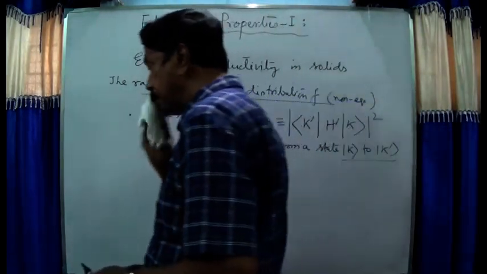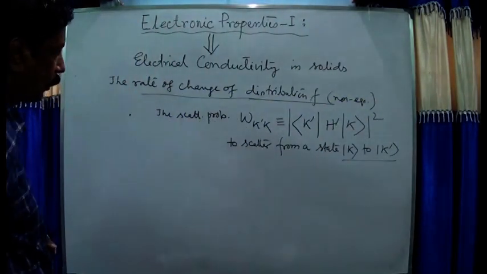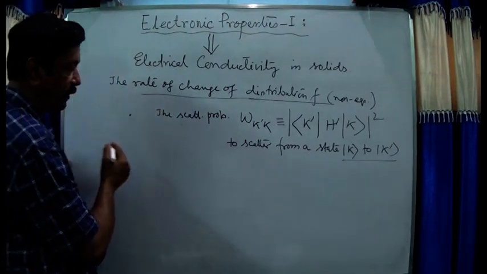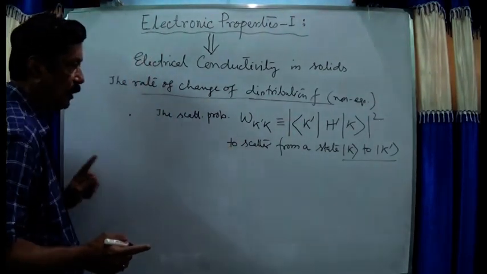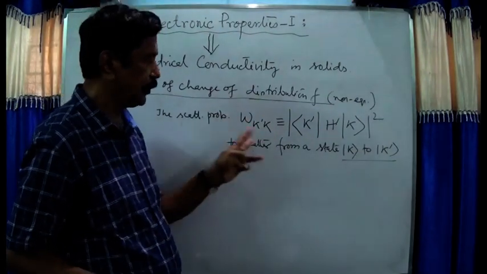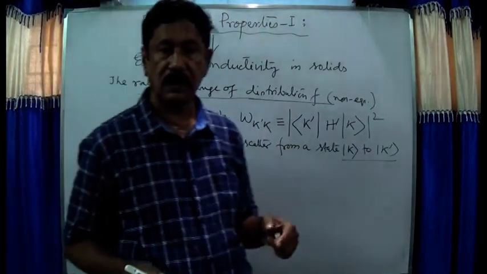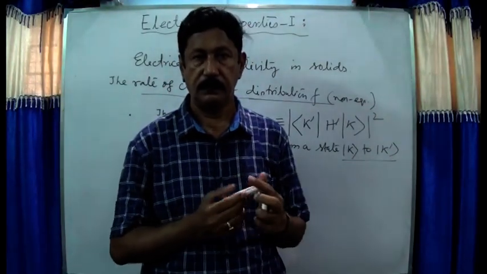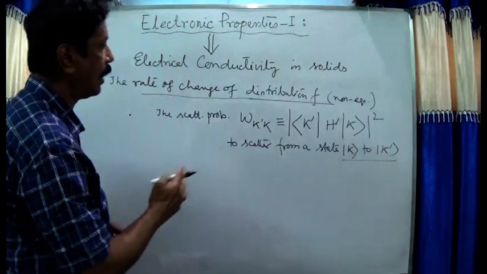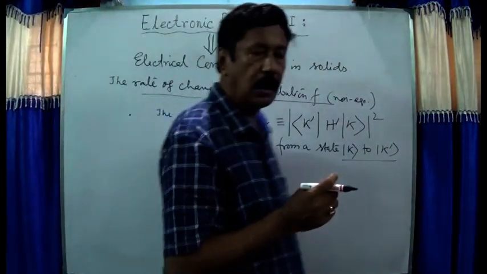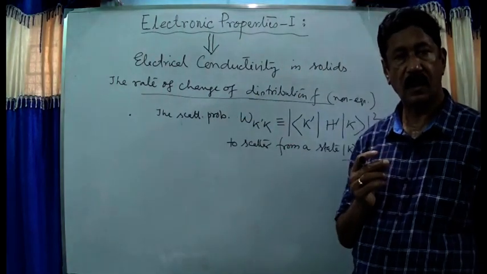Now the question is, what will be the total fraction if this scattering probability is to be calculated? Then we have to keep in mind that the distribution function has an important role.